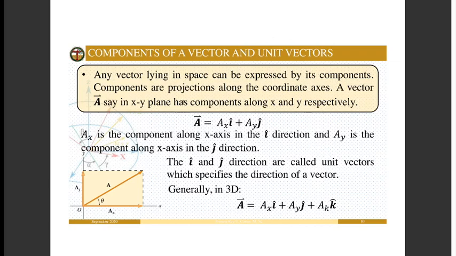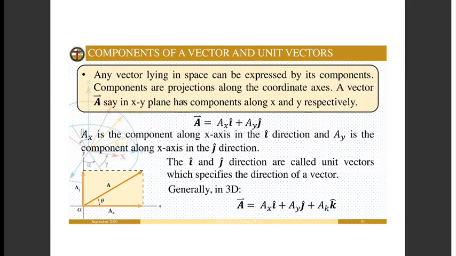Okay, so any vector nandun sa space natin ay maie-express natin using components. So we can express the vector using components. So what are these components? These components are actually projections, meaning projected lang siya na quantity ni vector A dun sa axis mo.